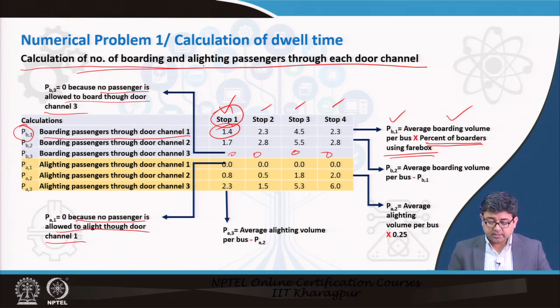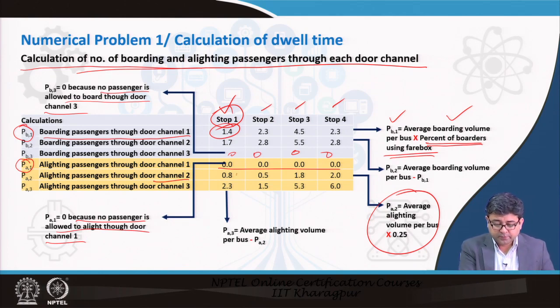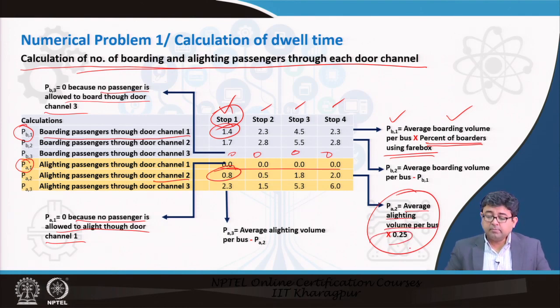Okay? Simple enough. Similarly, while calculating the number of passengers alighting through door channel 1, the values are 0. So, if you do it for door channel 2 for bus stop 1, all you need to do is take the average alighting volume per bus times 0.25.